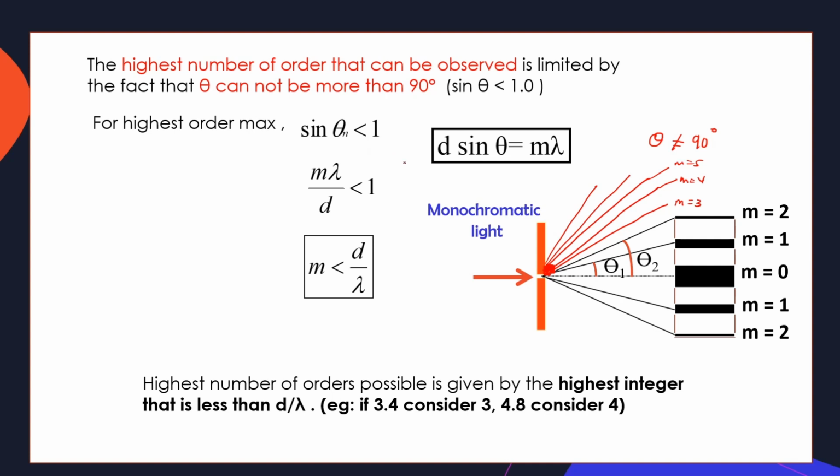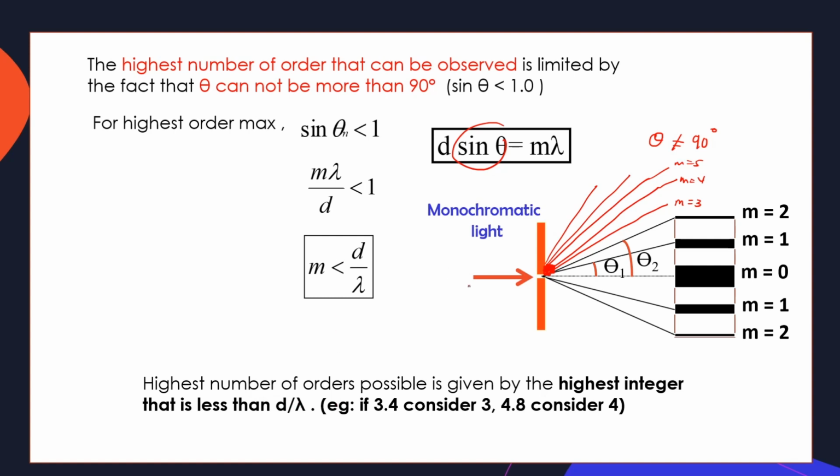Based on the equation, sin theta is equal to m lambda over d, and rearranging the equation, we will get the new equation: m, the number of order, is equal to d over lambda. So the highest number of orders possible is given by the highest integer that is less than d over lambda.